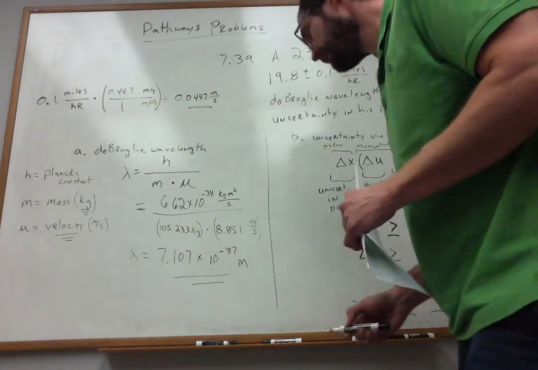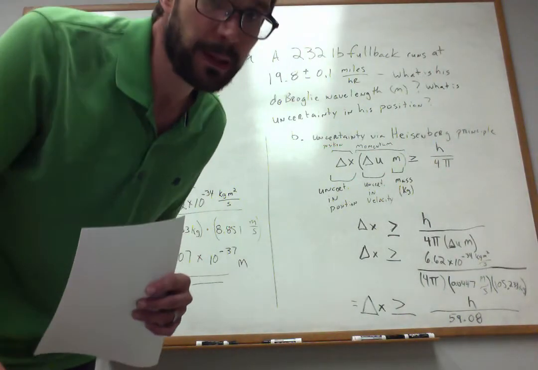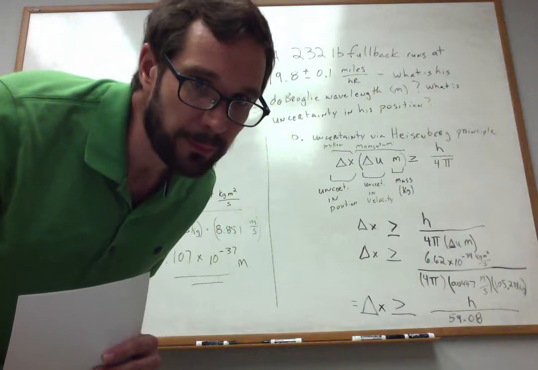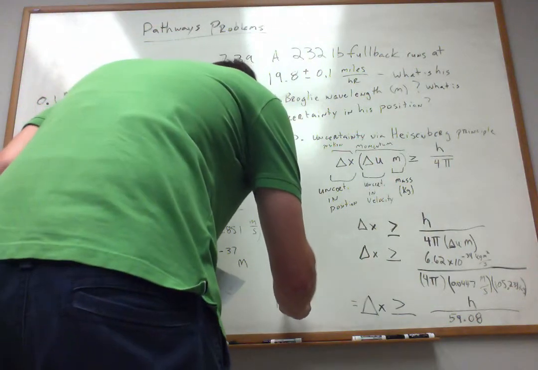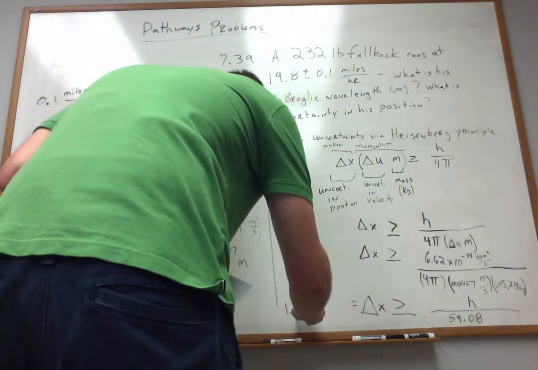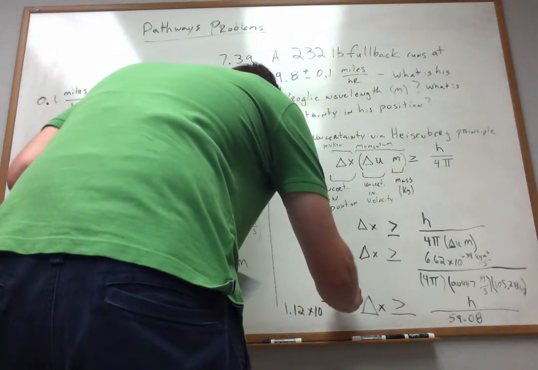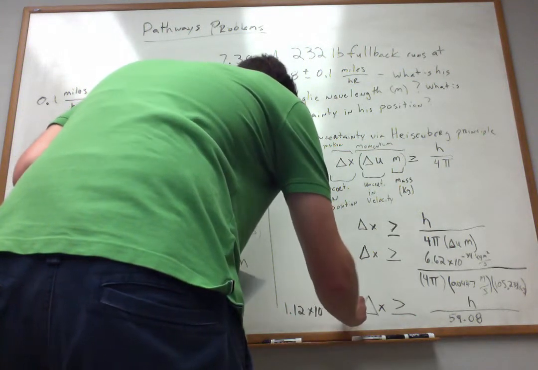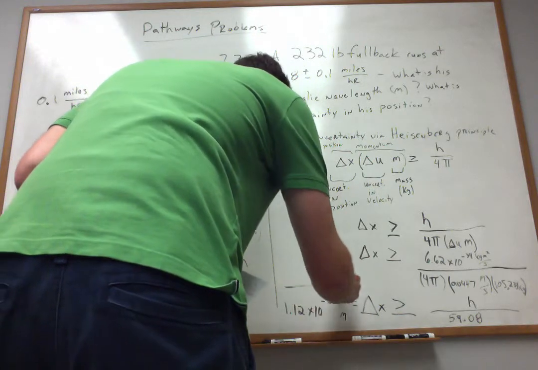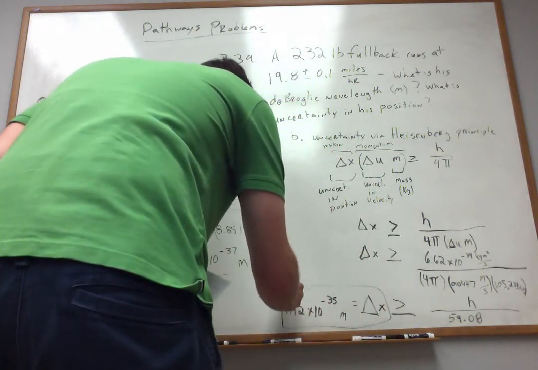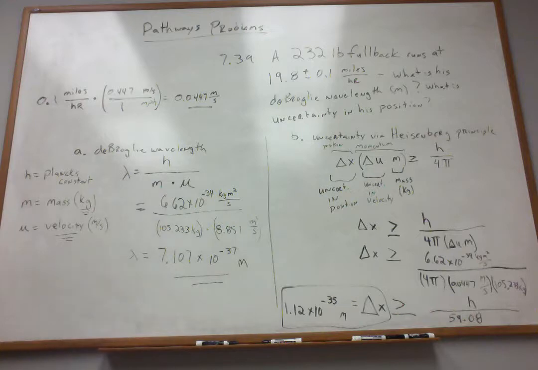Now if I actually put the number back in for h to finish the problem, I get 1.12 times 10 to the minus 35. And that would be in meters, because it's the uncertainty in our position of the football player, okay?